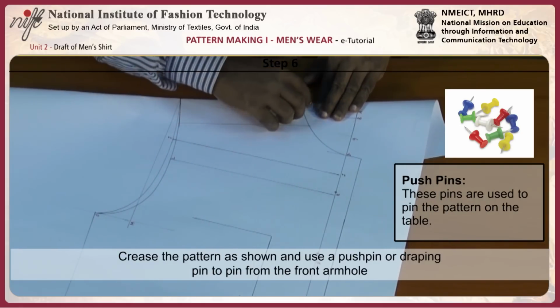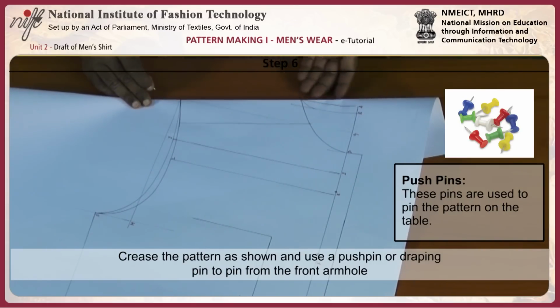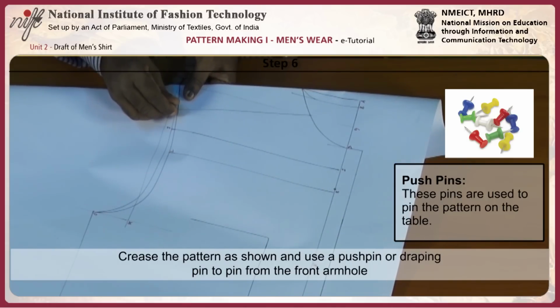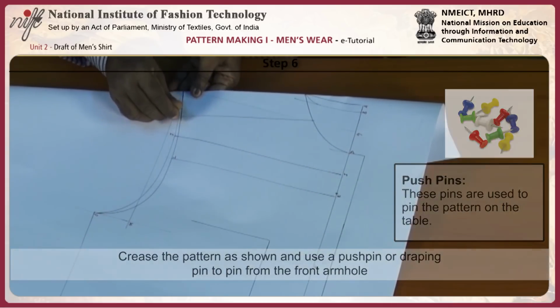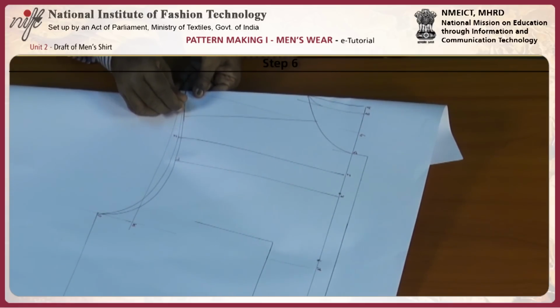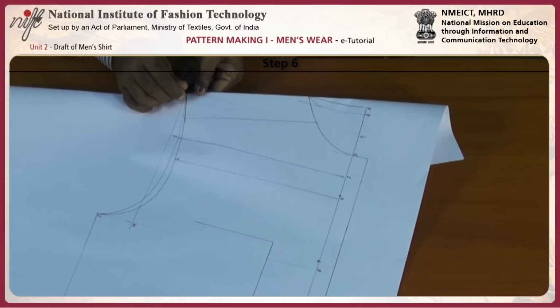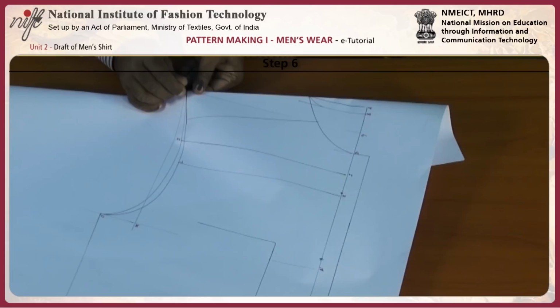You can gently crease it and take a push pin or draping pin and pin from the front armhole. That is the 4 centimeter overlap portion, which begins from that point and ends at the shoulder tip.